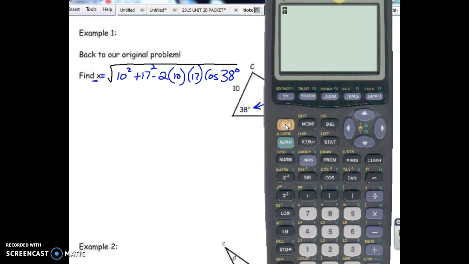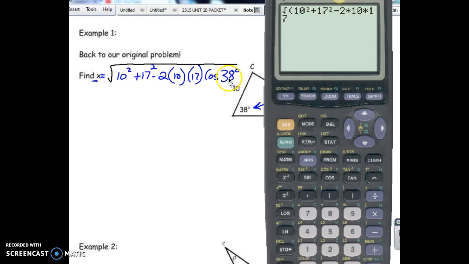So I have to take the square root of, right here is my 10. I got to square that, plus the 17 squared, minus 2 times both sides, times 10 times 17. Great.